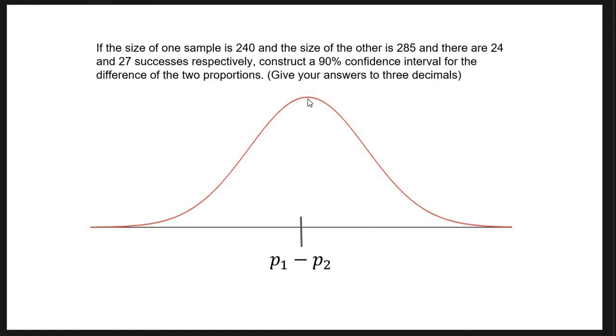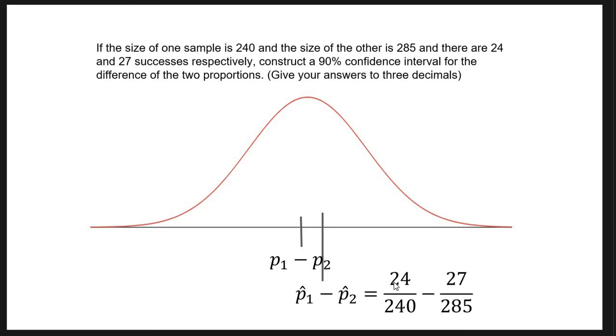That's why I have this bell curve, which is centered at the population parameter of the difference P1 minus P2. My specific difference in proportions from my samples, P1 hat minus P2 hat, is going to be somewhere in this sampling distribution that's centered at the population parameter P1 minus P2.